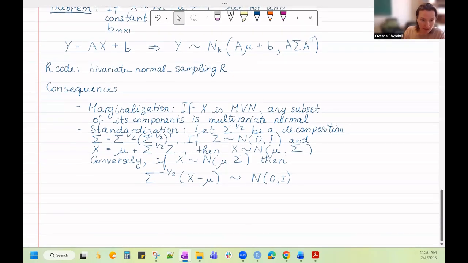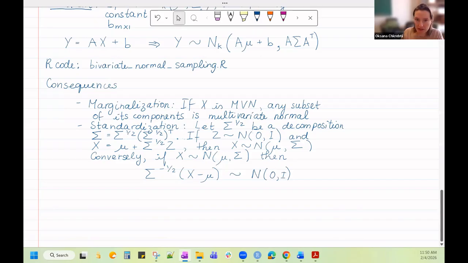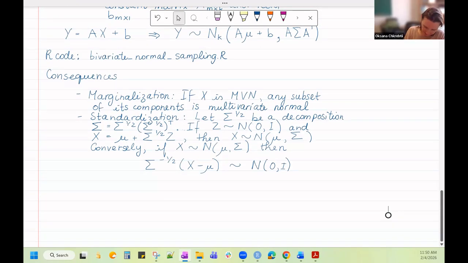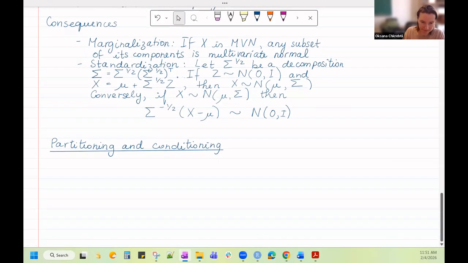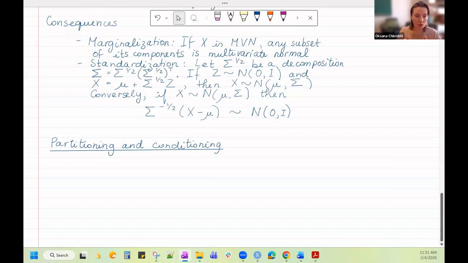Some additional properties that may be of interest are partitioning and conditioning. We will see these a lot when we work with Gaussian processes. So this is related to what happens when we partition a multivariate normal random vector into subvectors and look at their conditional distribution.